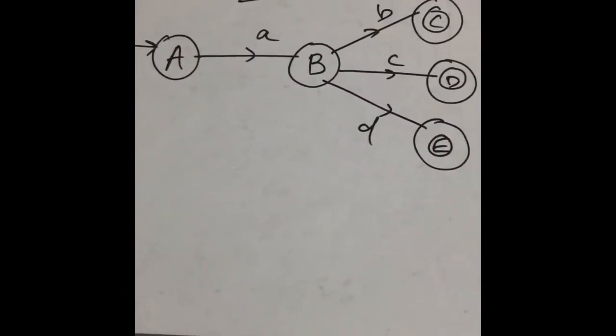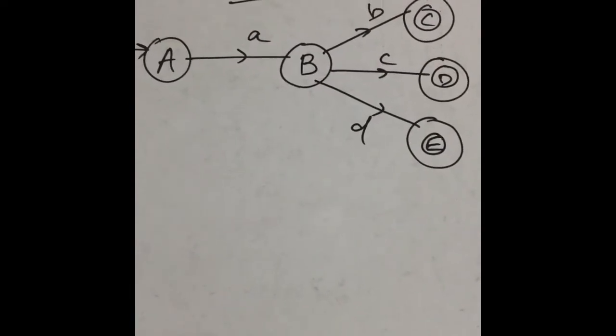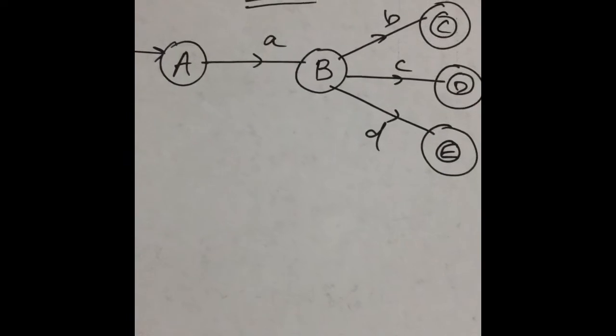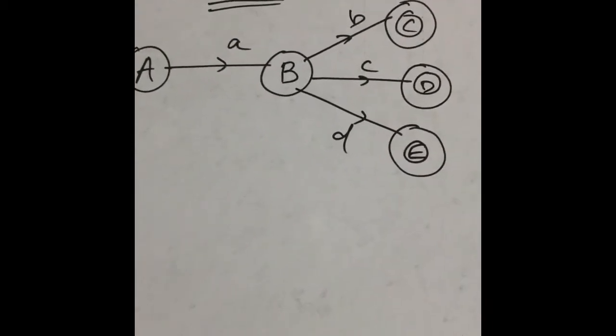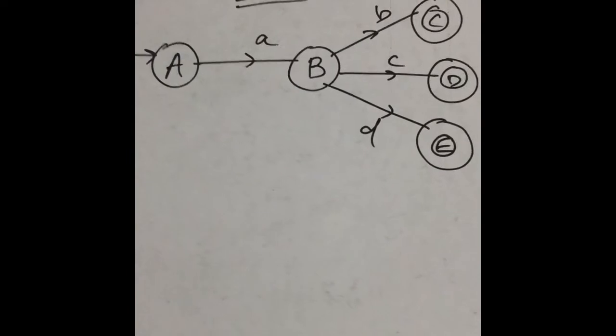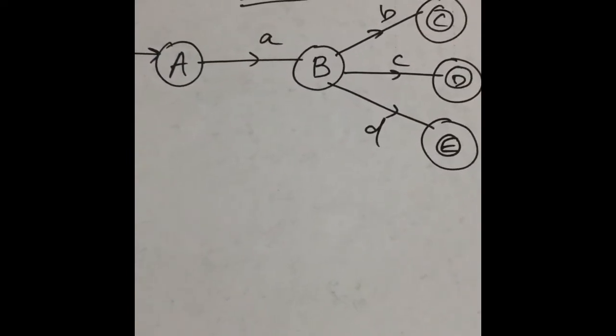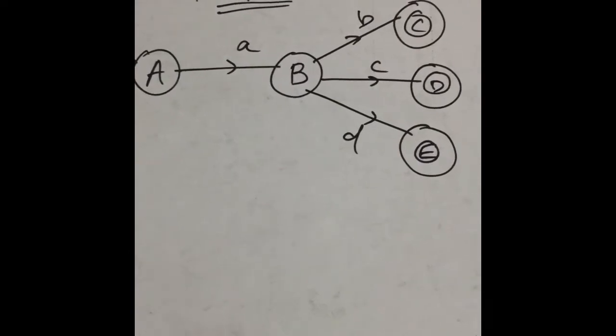And the last third step, is there more than one final state? Yes. So step 3 applies. There are three final states in this finite automata, so there is more than one final state. If there is more than one final state, we want to reduce to 1. How to reduce to 1?